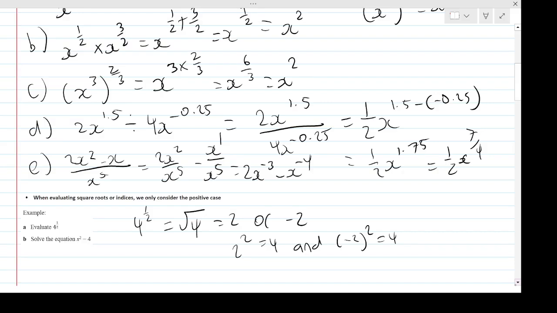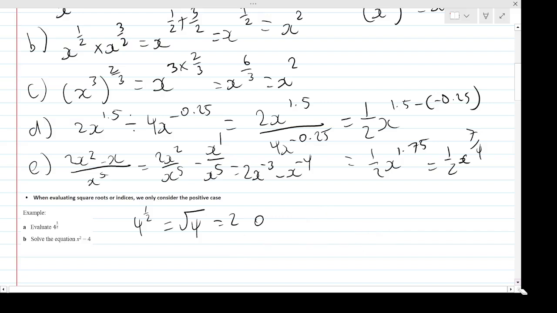However, when we are just evaluating or simplifying an indice in this way, you only want to take the positive. That's how square roots work. So we do not want minus 2, we just want 2 in this case.